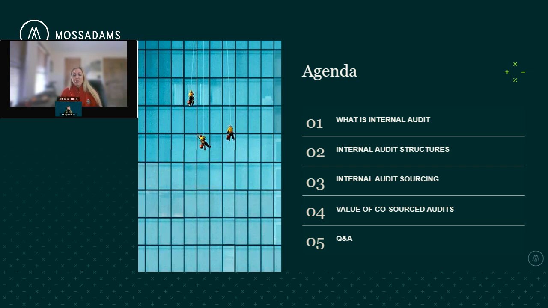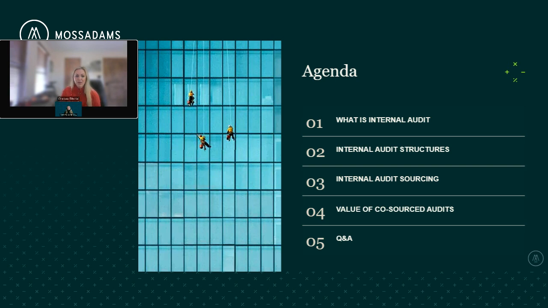We'll talk about internal audit sourcing. And then we'll end with the value of co-sourced audits, driving that back home. And hopefully, if we have any time, we will get to questions and answers. But of course, if we don't have time, please still write those questions and we will get back to you with answers. We will email you after the session.